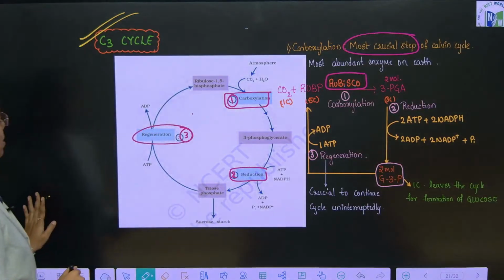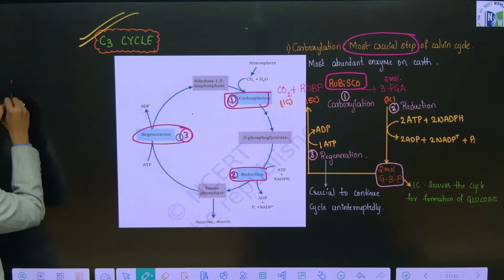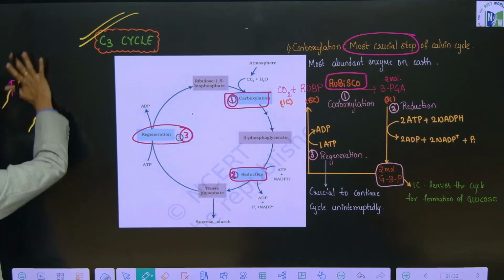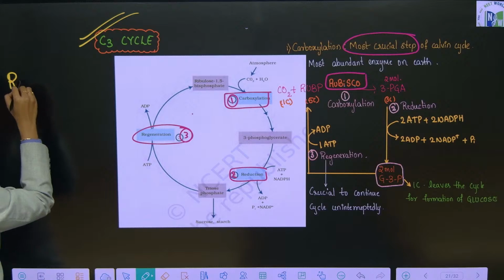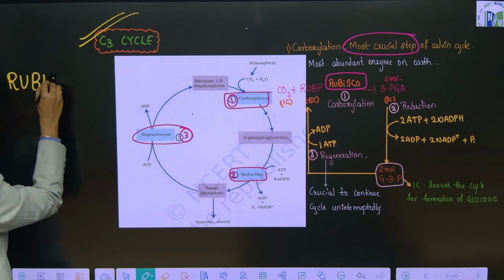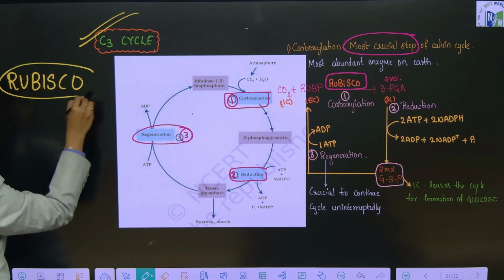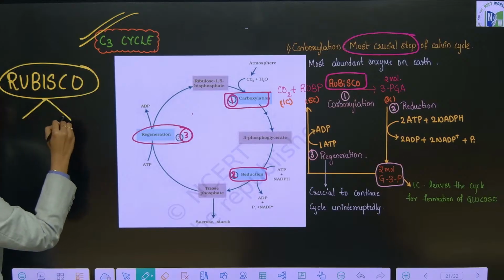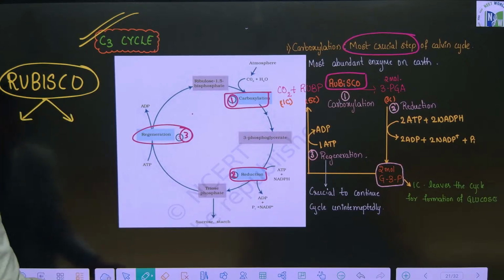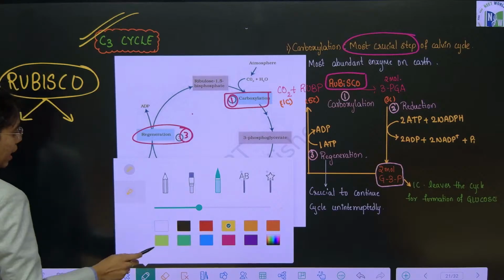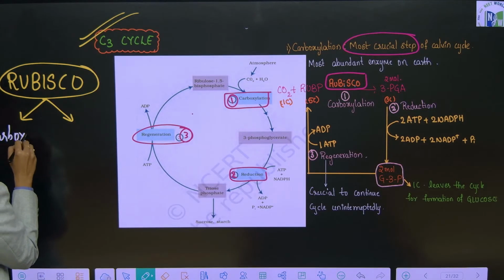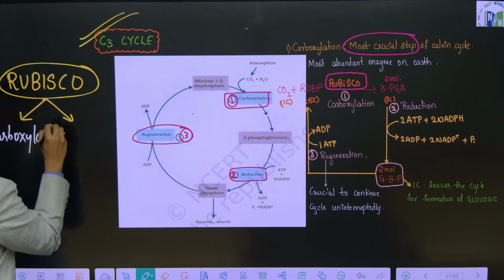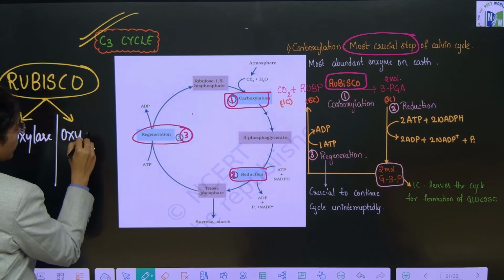Rubisco, as the name itself says, ribulose bisphosphate carboxylase oxygenase. So, it has both the enzymatic roles, that is, it can function as carboxylase and it can function as oxygenase.